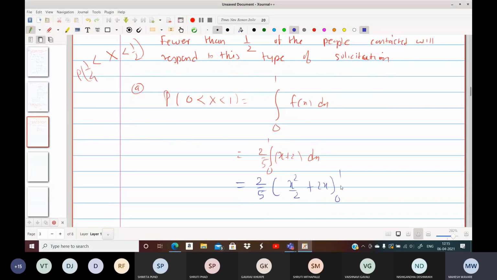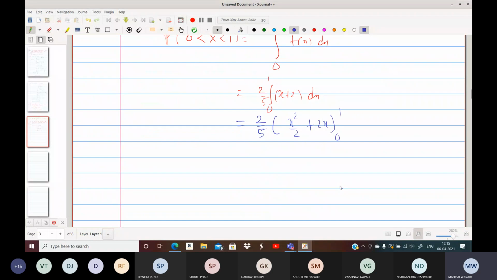When you put 0, you get the lower limit as 0. When you put the upper limit, you get 1 by 2 plus 2, that is 5 by 2. 2 by 5 multiplied by 5 by 2 is 1, clearly.